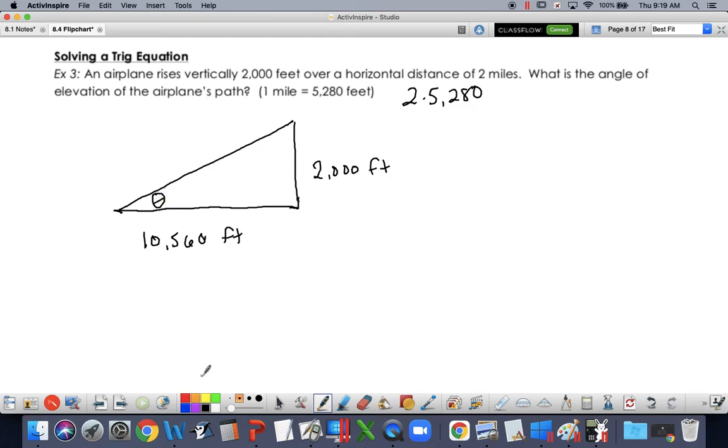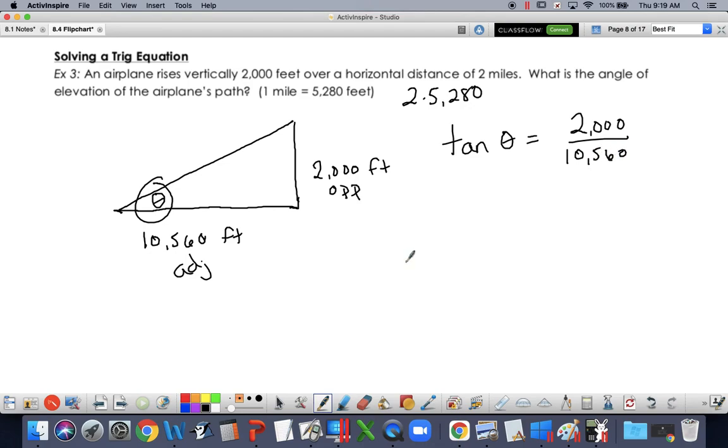I want to know this angle right here. So here's my angle, right? I have opposite and I have adjacent. So what trig function uses opposite and adjacent? Tangent. So I have the tangent of theta is equal to 2,000 over 10,560. I don't have to simplify anything, right?